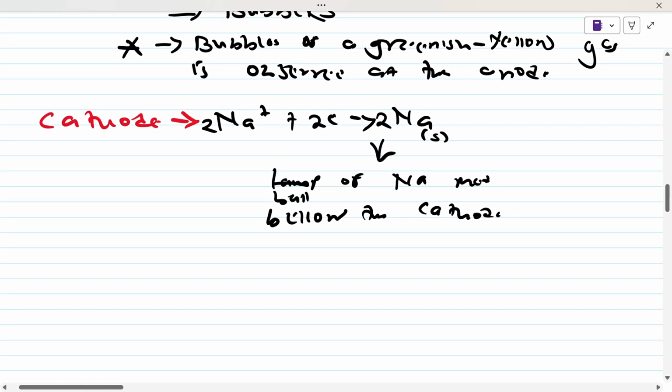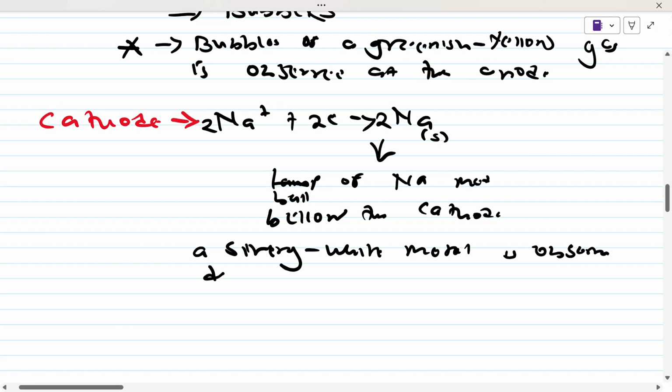But what is the color? So we know very well that sodium is a silvery white metal. So I'll give a justification that at the cathode, a silvery white metal is observed deposited below the cathode electrode.